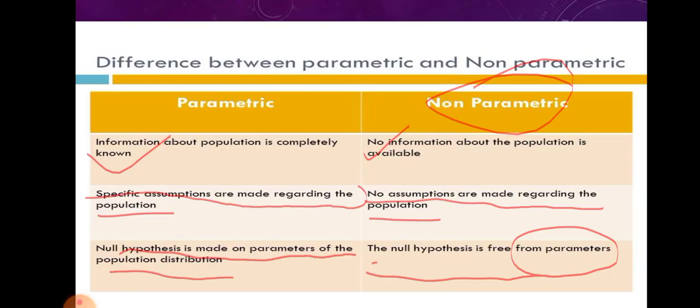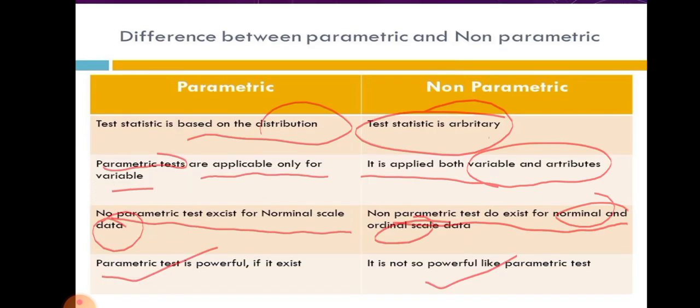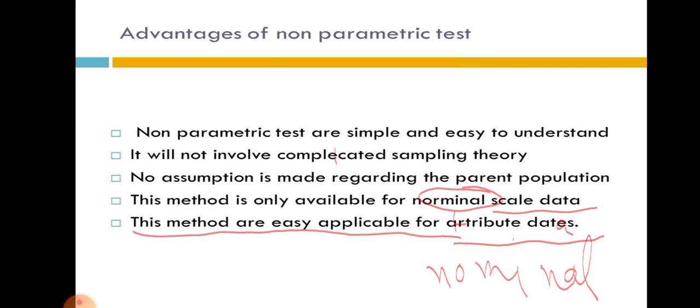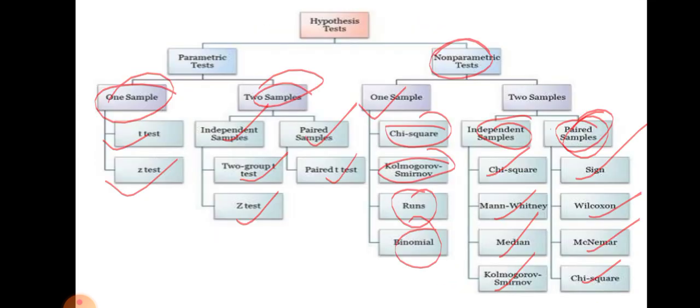So these are the differences between parametric and non-parametric tests. And what tests are available? Parametric and non-parametric tests have one sample and two sample versions, with tests like t test, z test, two group t test, paired t test, chi-square test, and so on, along with advantages and disadvantages. So this is all about parametric and non-parametric tests. Hope you all have understood. Thank you.